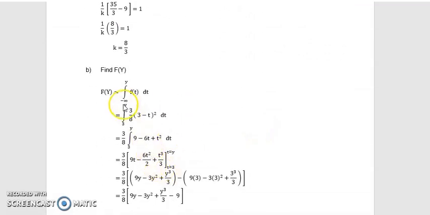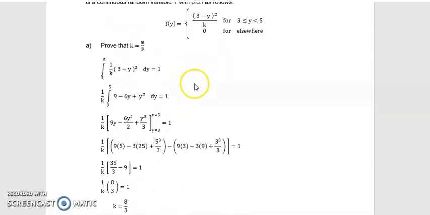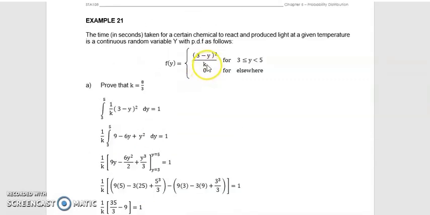The upper limit here you put y, because later on we want a function. Then 3 over 8 multiplied by (3 minus t) squared. How did I get 3 over 8? This is actually the value k, where k equals 8 over 3. When you substitute k equal to 8 over 3 and take it out, you can write it as 3 over 8.